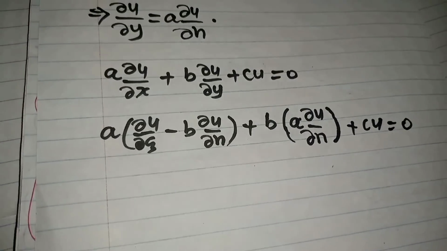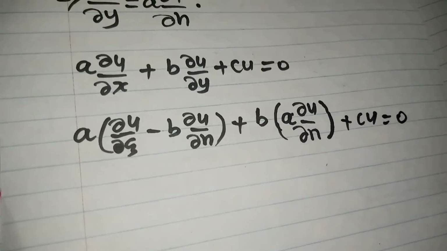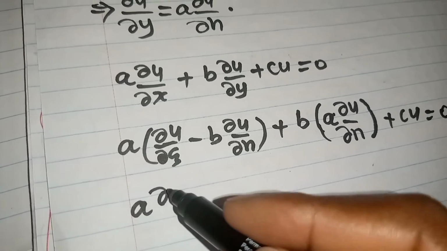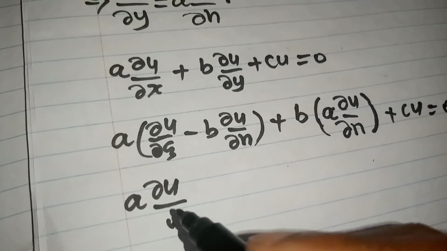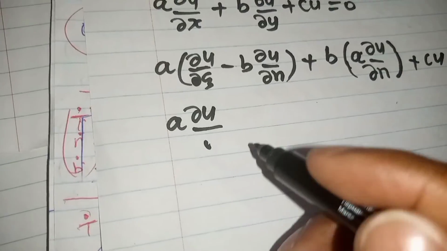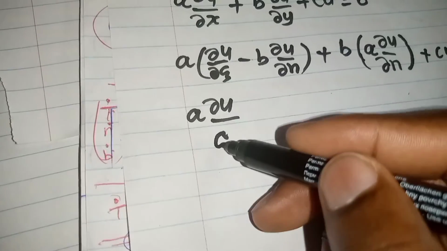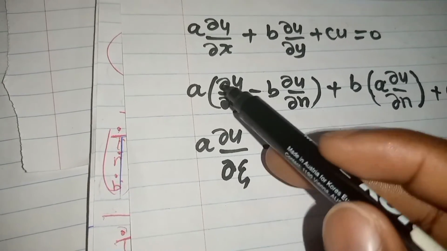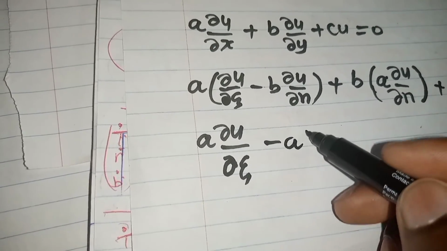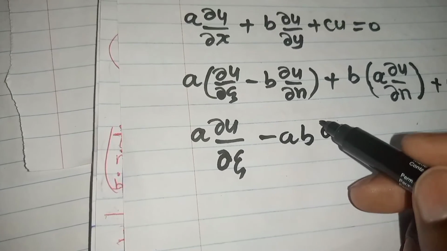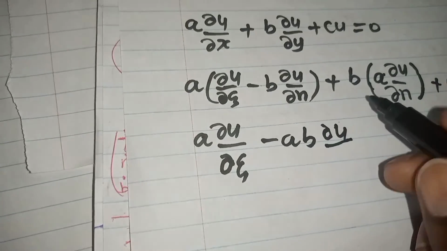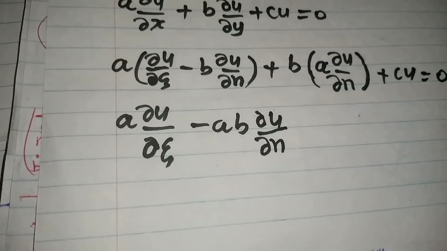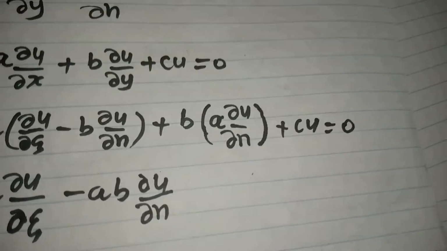Now we are going to open the brackets. So this will be a partial u with respect to xi, minus a times b will be ab, then partial u with respect to nu. We continue opening brackets.